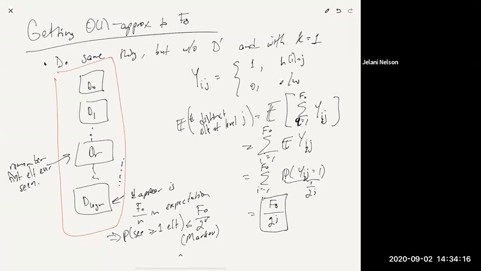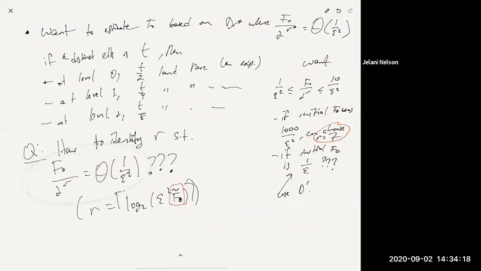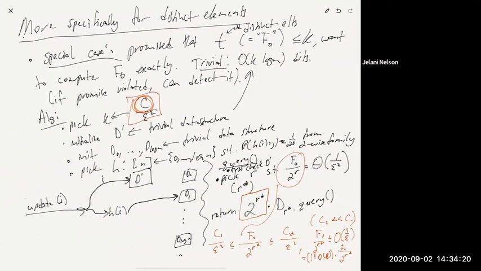And in parallel, you also maintain this data structure, which looks awfully the same. It's just that it has a higher k. Instead of k being 1, k is c over epsilon squared. And you also have this D prime on the side, which is just to handle the corner case where the number of distinct elements is small to begin with.